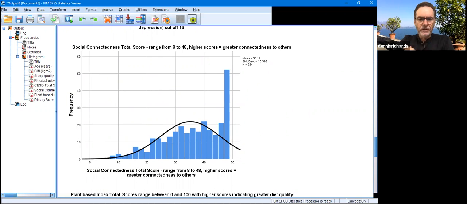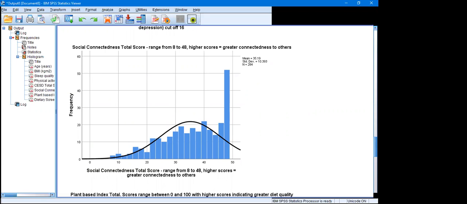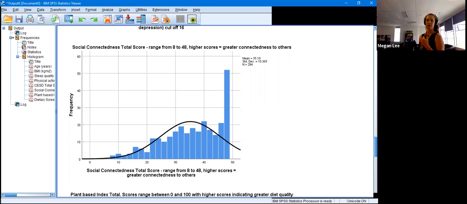Very skewed. Negatively skewed. With my recent knowledge, I can tell you it's negatively skewed. It is negatively skewed, but negatively skewed is a good thing, because the higher the score, the better the social connectedness. So we've got quite a lot of people who are scoring very high on social connectedness, which is good.